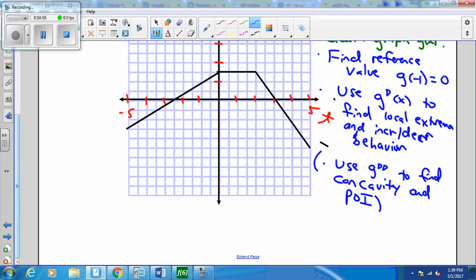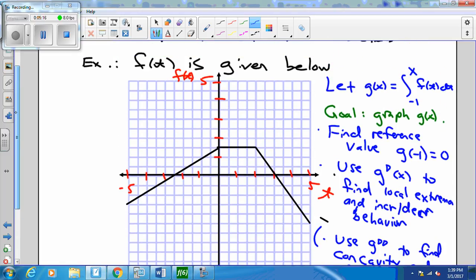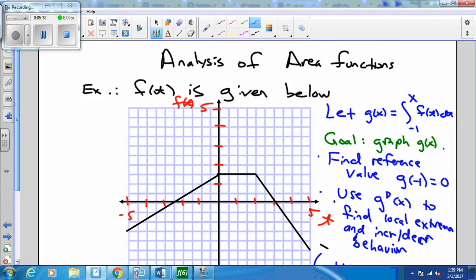But this is often not necessary because usually the local extrema and increasing, decreasing behavior is enough to get a pretty decent sketch. So number 3 is optional unless you really need it. So that's our plan.